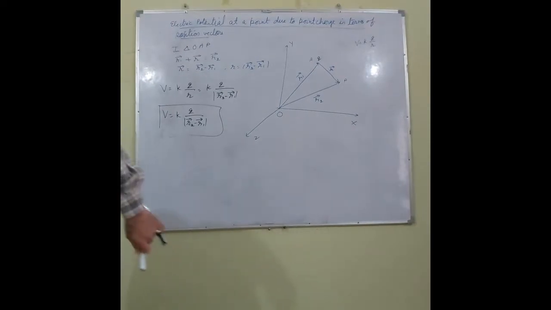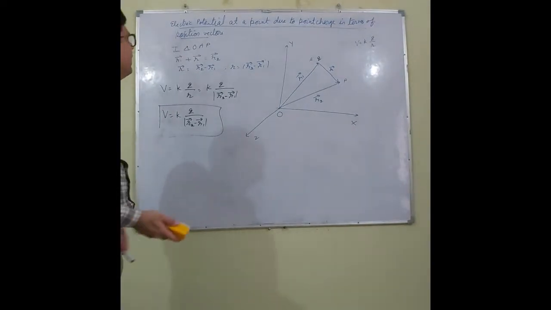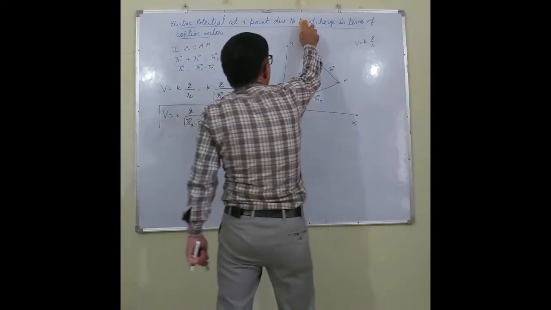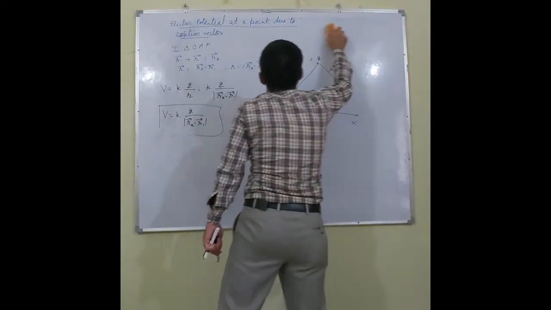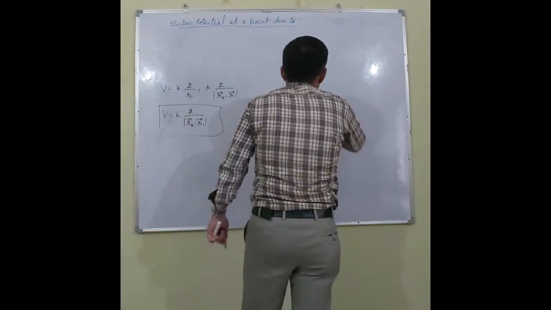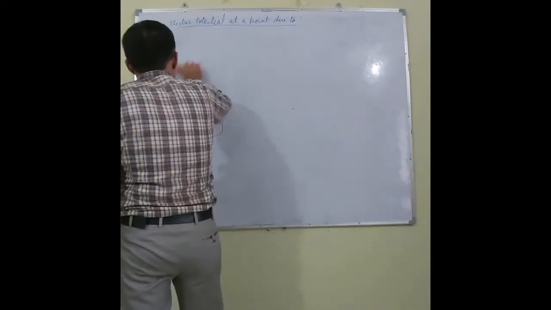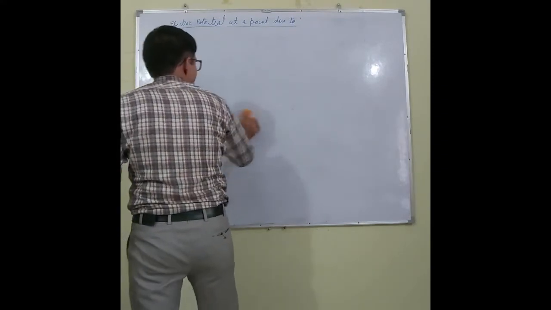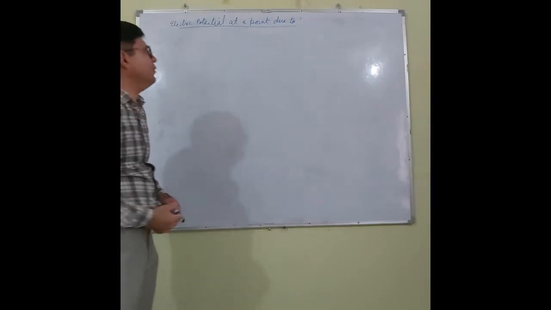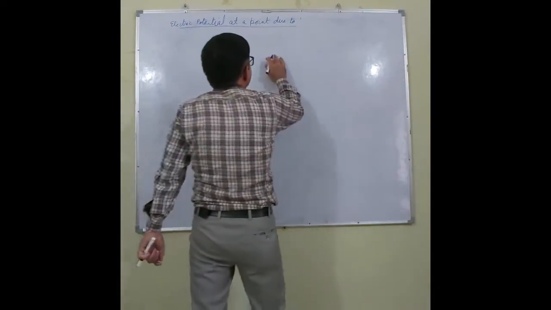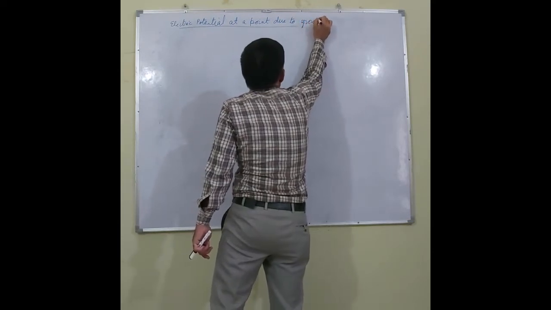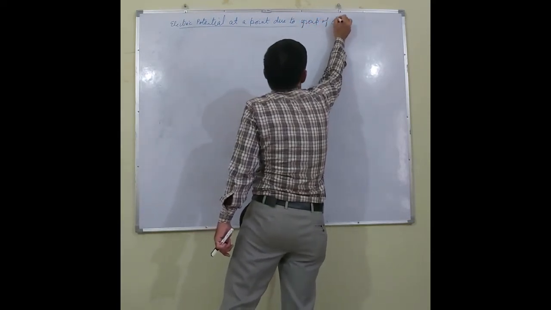Okay, next we move to the topic electric potential at a point due to a group of charges. In a real situation, we don't have a single charge, but a large number of charges. We have a group of charges. So what to do?